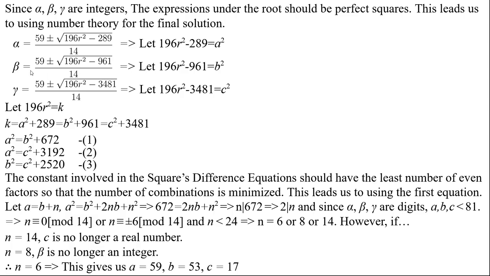Divided by 14 gives you beta as 8. And C is 17. So if this thing is 17, we can subtract 17. Then we get 42. 42 by 14 is 3. So gamma is 3. So the final answer is 083.